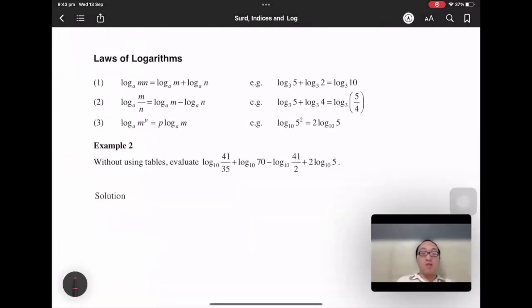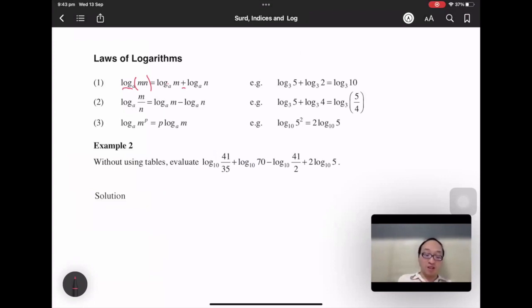The laws of the logarithms. We have several laws of the logarithms. The first one: if we have log to the base a of m times n, we can separate the log into an addition. So log to the base a of m plus log to the base a of n.